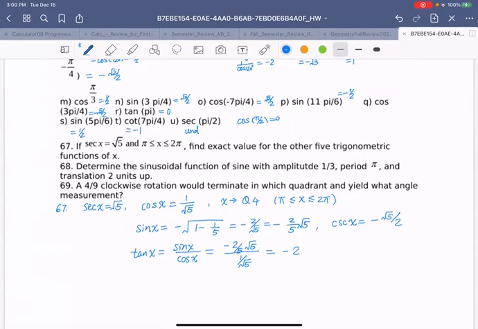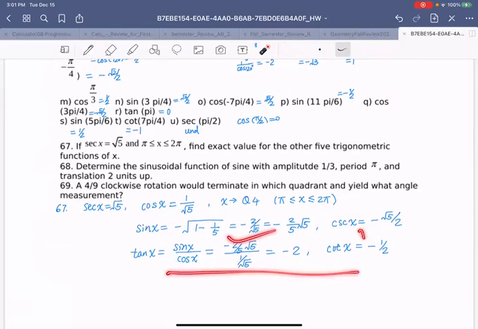That becomes negative 2, right? Cotangent x equals negative 1/2. So we finish all the 6 values.